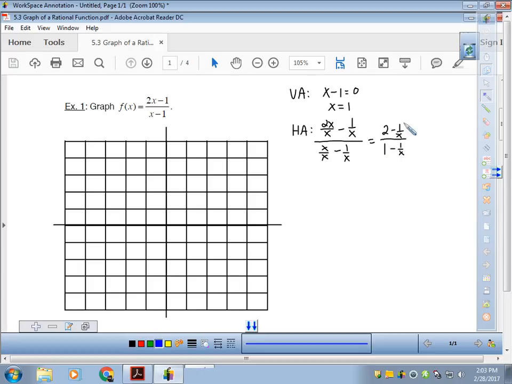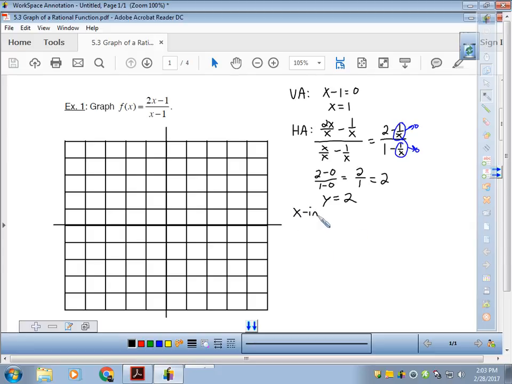Remember that these fractions that still have x in the bottom, they go to 0. So what I end up with is 2 minus 0 over 1 minus 0, which is 2 over 1, which is 2. So my horizontal asymptote is at y equals 2.